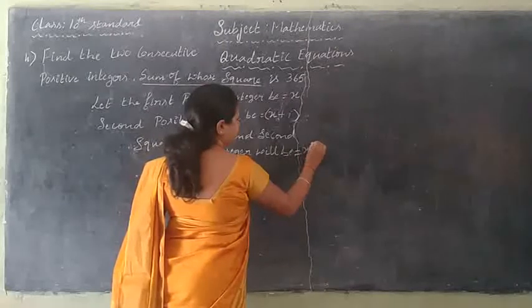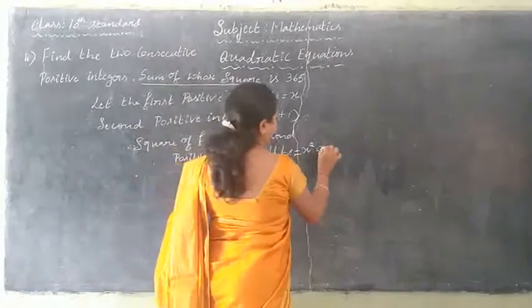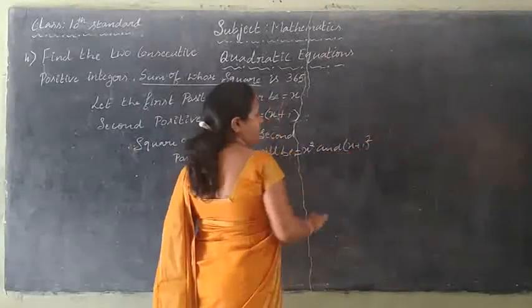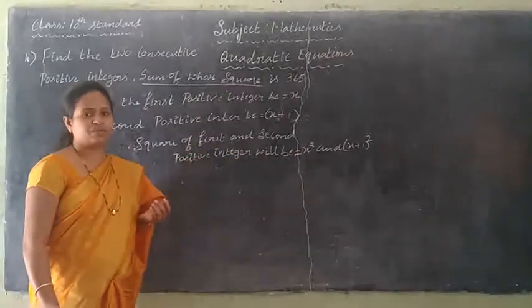See, it is telling for squaring, children. Then this will become x square and x plus 1 whole square. You have to make the squares of the first and the second term, isn't it?